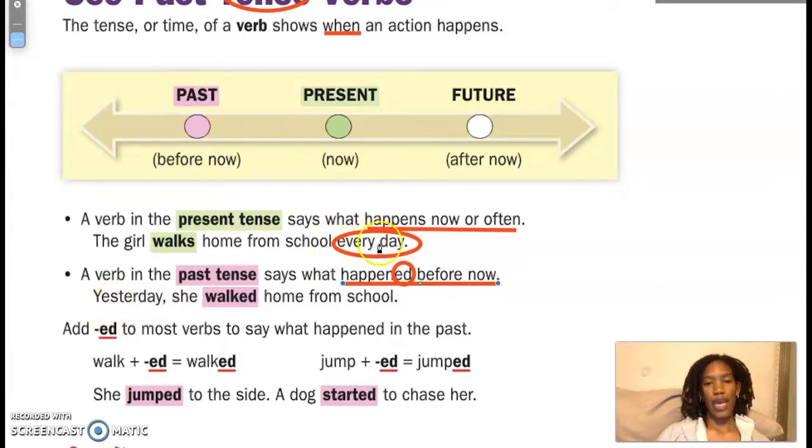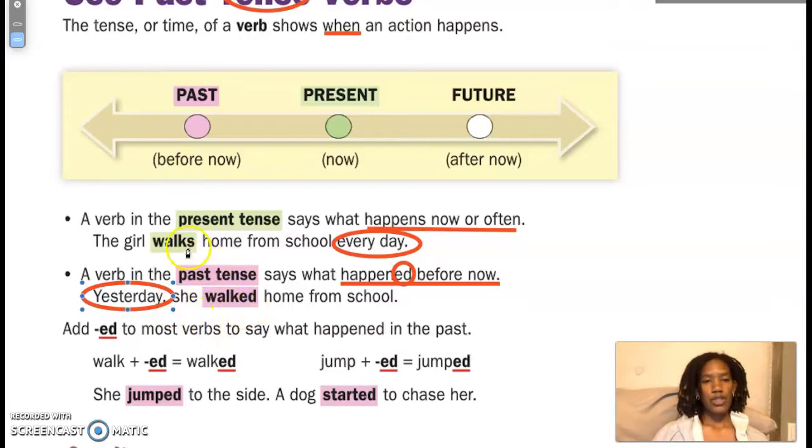Yesterday, now like we have every day here that tells us present tense, we have yesterday here that tells us past tense. Okay. Yesterday, she walked home from school. Now you'll notice the different endings. In the present tense, I have an S, and the S really is just for subject verb agreement. And here I have ed, which is for past.